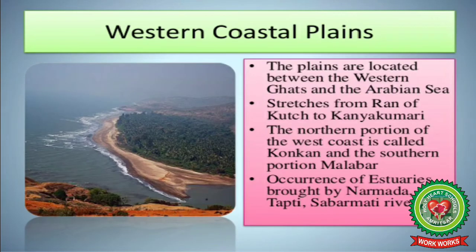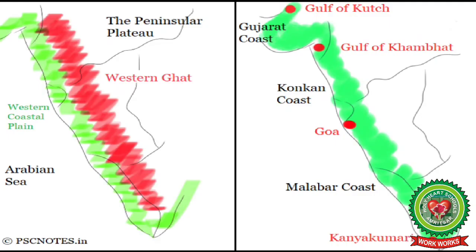Students, the western coastal plain lies between the Western Ghats and the Arabian Sea. It extends from Gujarat in the north to Kanyakumari in the south, and is divided into three parts: the Gujarat coast, the Konkan coast and the Malabar coast.